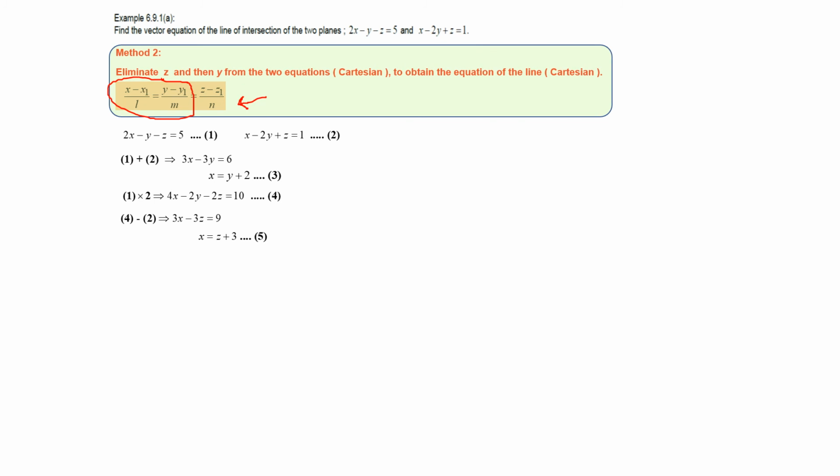So now you have x and y, and then x and z. From these two, we can form an equation that relates x, y, and z. So from equation 3 and equation 5, we form an equation that relates x, y, z.